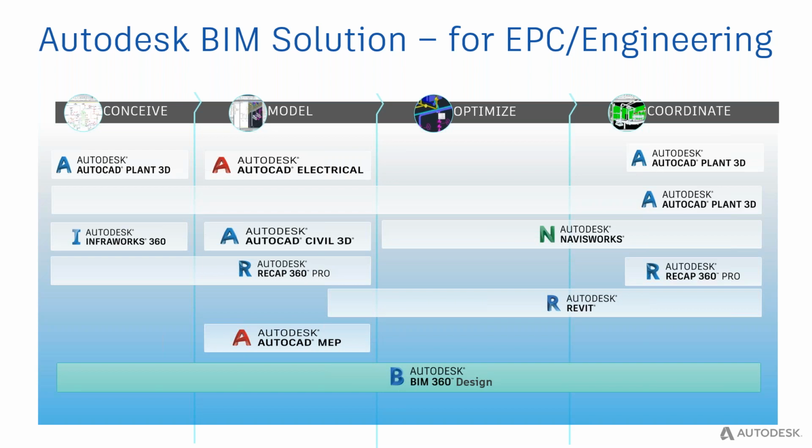So when it comes to the conceptual part, the conceiving aspect of it, where you want to draft P&IDs, where you want to model plant elements, electrical and instrumentation elements which form a part of a plant project, you could utilize tools like Plant 3D, AutoCAD Electrical, AutoCAD MEP for that matter, which takes care of your plant and MEP aspects. But a multidisciplinary plant project doesn't end with only modeling the plant and the structural components.